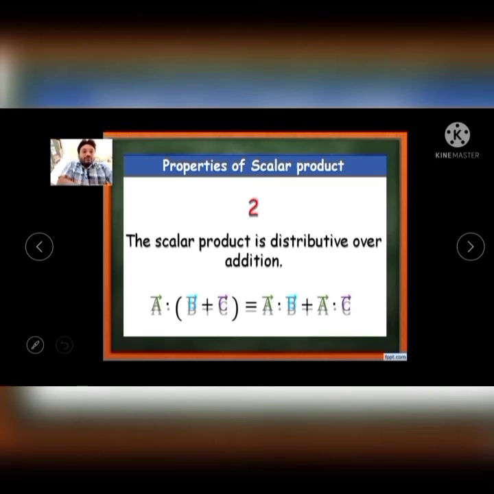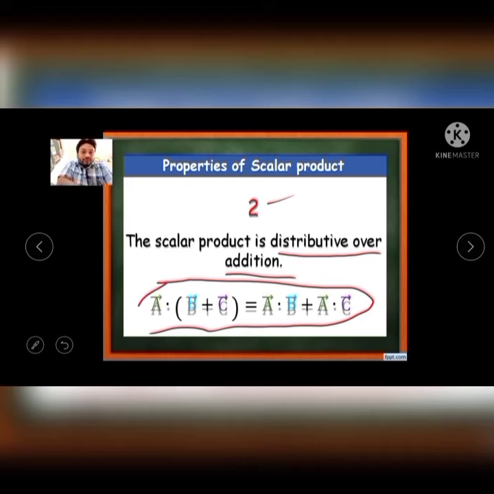Now the second property: the scalar product is distributive over addition. If the dot product between any given vectors satisfies this relation, then we can call the product distributive over addition.